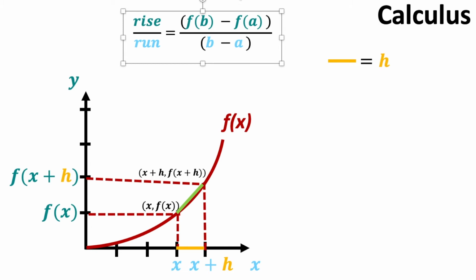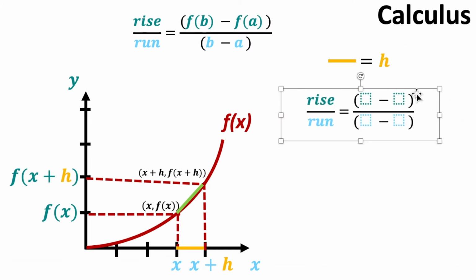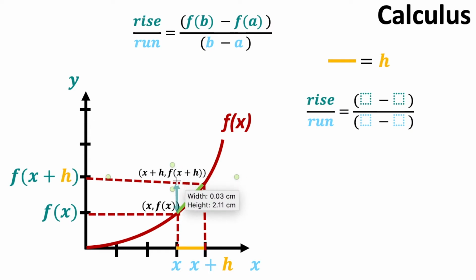So this is the equation that we came about in the previous example. And here we're going to plug in our new values for this example specifically. So the rise here, let's annotate it. The rise here is this one.